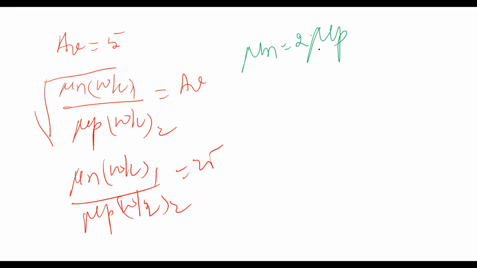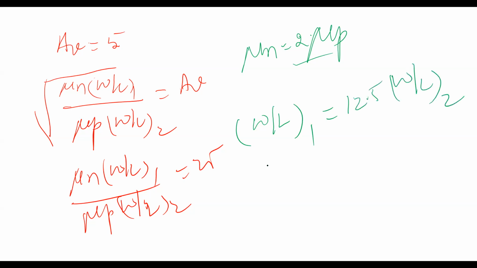The speed of electrons is twice that of holes. Then if you substitute these values here, W by L of 1 is equal to 12.5 times W by L of 2.